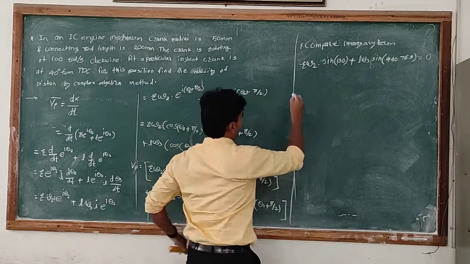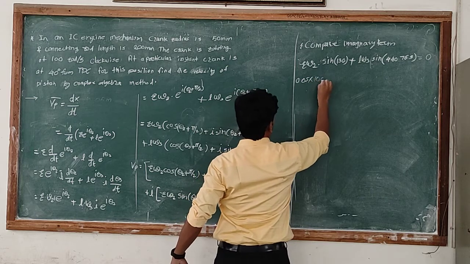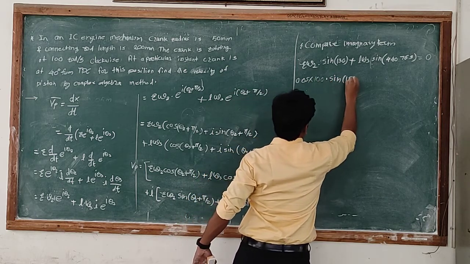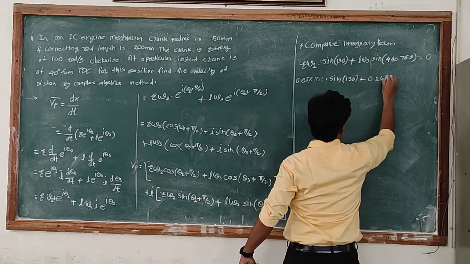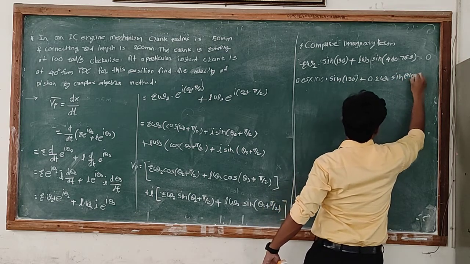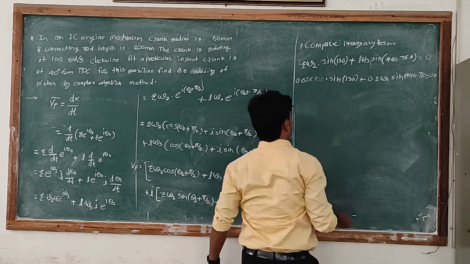What is the value of r? r is 0.05 into omega 2 is 100 into sin of 130, plus L is 0.2 into omega 3 into sin of 440.765, is equal to 0.